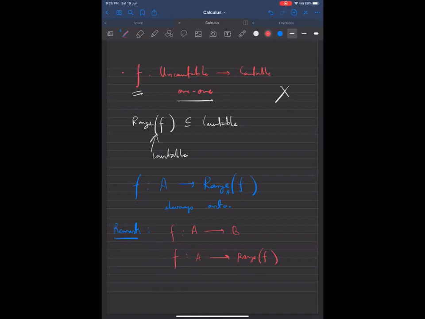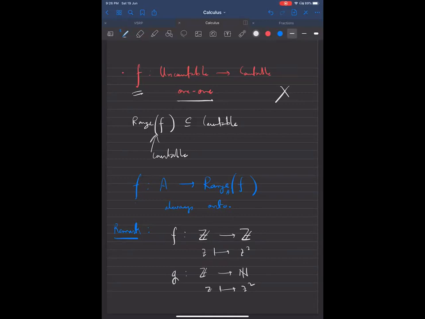Let me give a live example so it's clear. Suppose f is a function from Z to Z mapping z to z squared, and g is a function from Z to N mapping z to z squared.